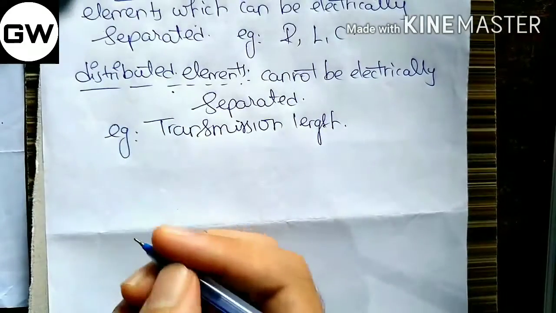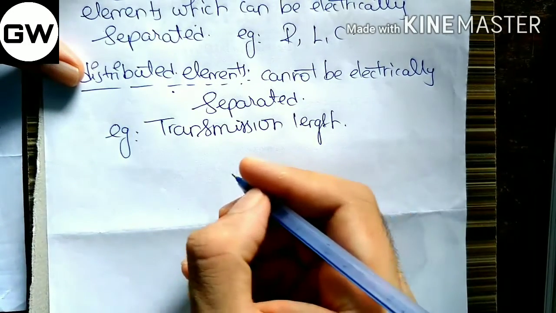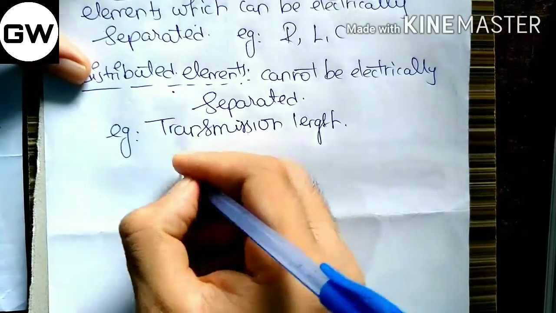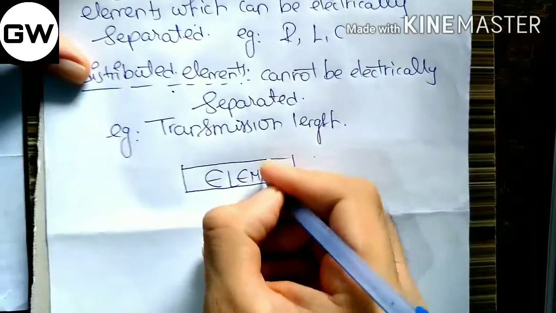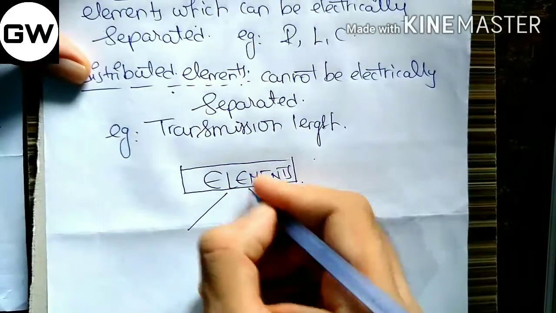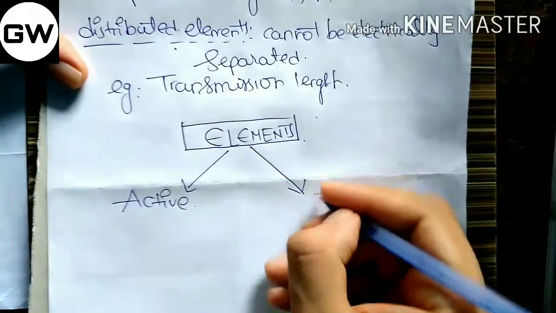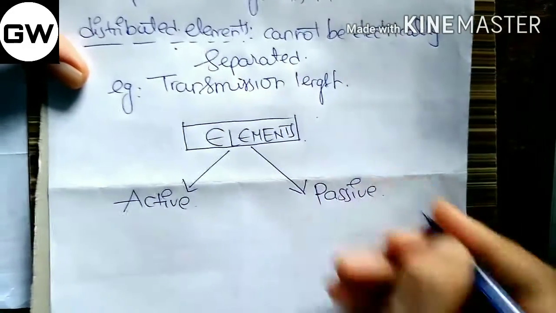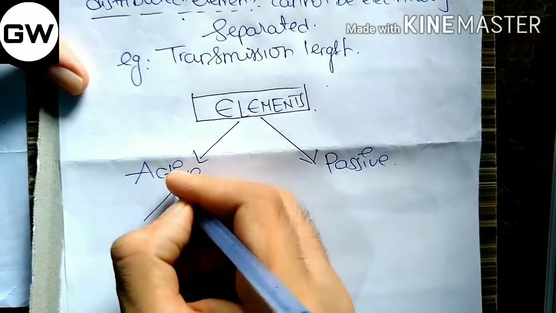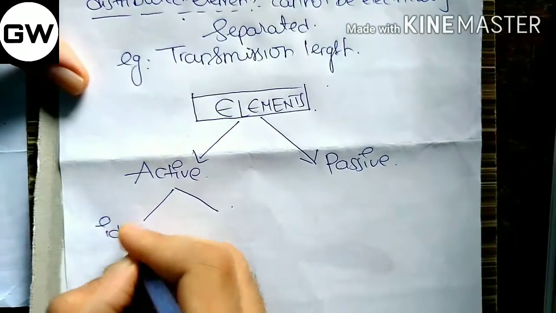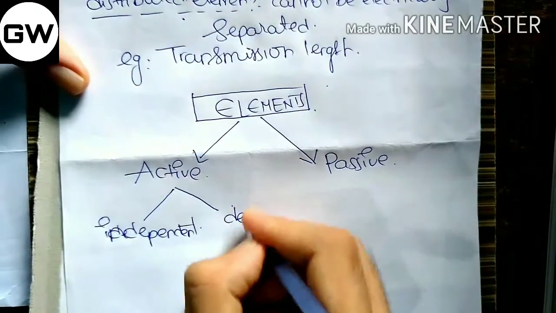Now we'll discuss active and passive elements in a little more detail. Basically, elements are classified into two types, active and passive. Active elements are again classified into two groups, independent and dependent.